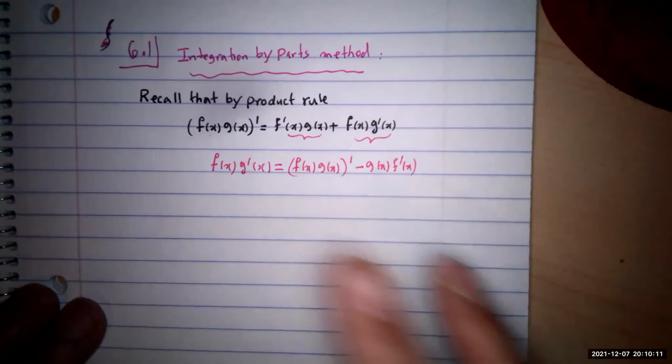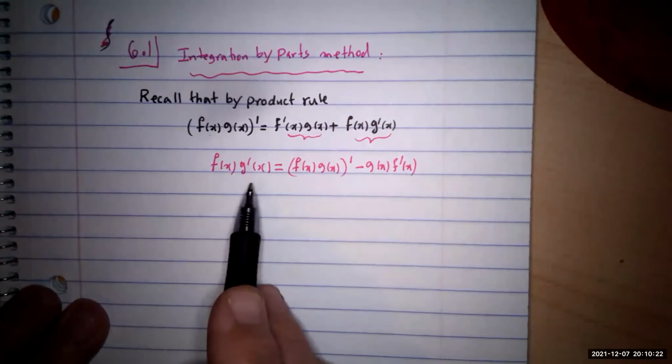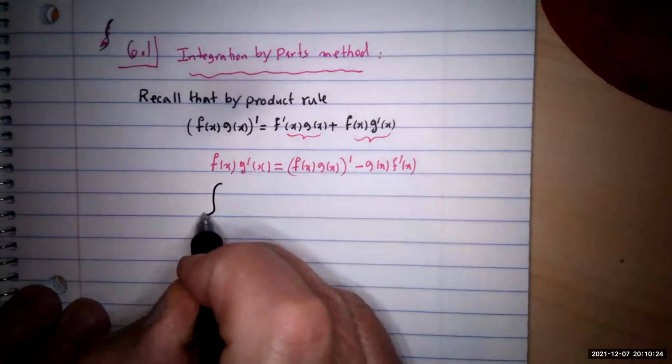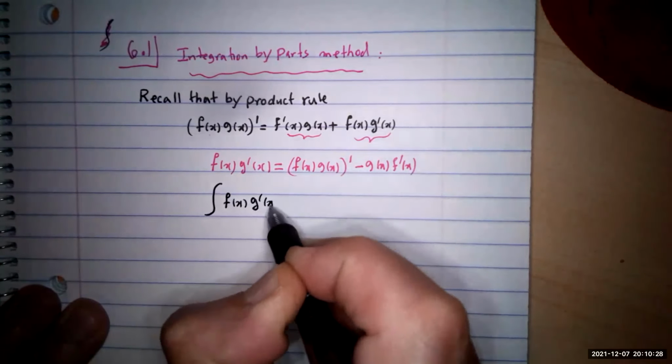I just move one of them to the other side. Now the equivalent form, if you integrate both sides: this would be the integral of f of x, g prime of x dx.